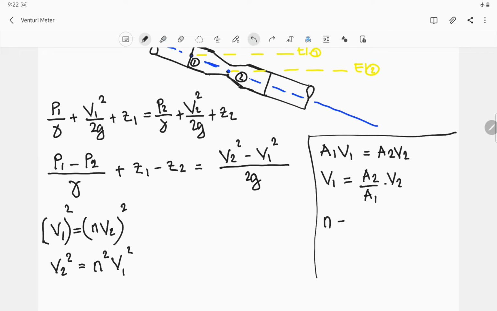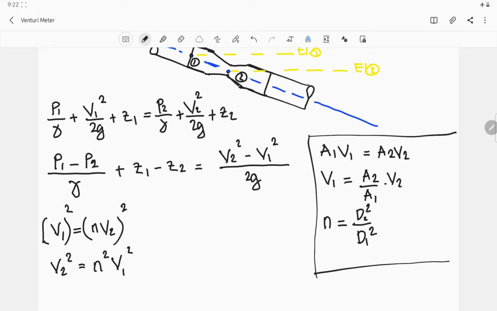Our N would be D2 squared over D1 squared. So this applies if we express V1 in terms of V2.